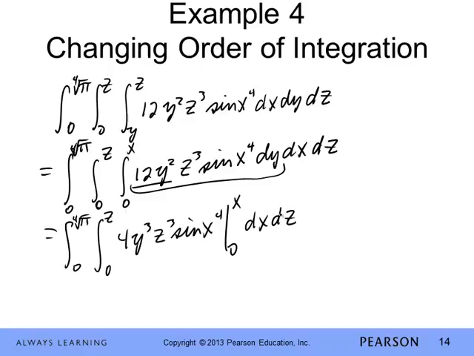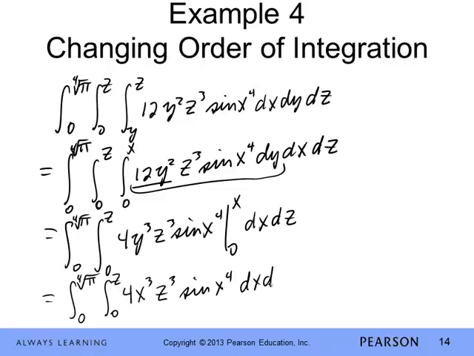Essentially you plug in that x for y, so now you'll have 4x cubed, z cubed, sine of x to the fourth, dx dz.